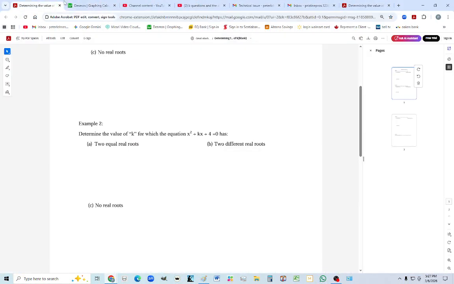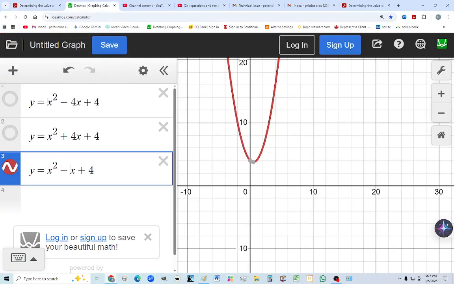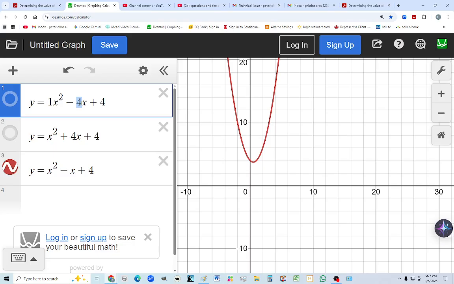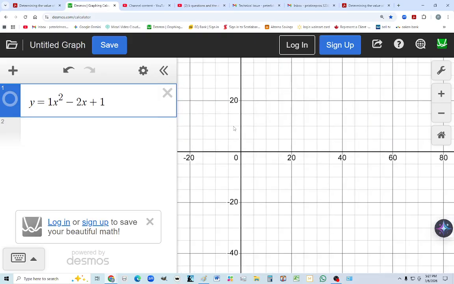So we're talking about example 3, kx squared minus 2x. And I'm saying k is 1 or minus 1. So minus 2x is the middle. There we go. So in this one, kx squared is either 1 or, I think, positive 1.